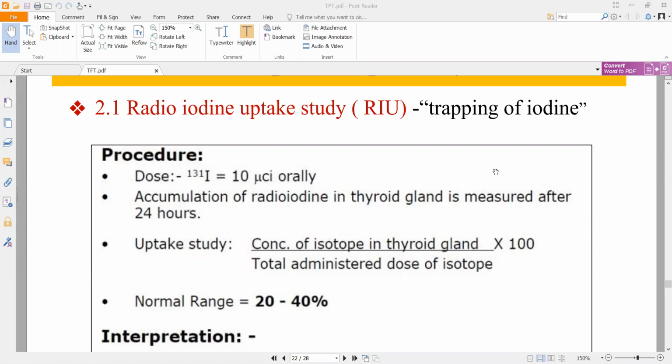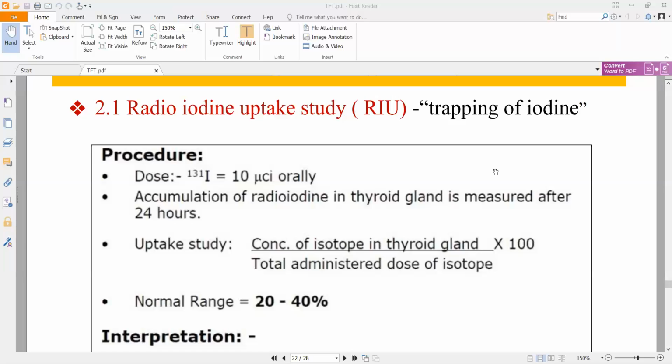Whereas radioactive iodine will have a sort of illumination to it. It will light up literally. So when I scan, your thyroid gland will literally shine at some points based on the intensity of the light coming out. You can assess how much concentration of iodine has been absorbed by your thyroid gland.